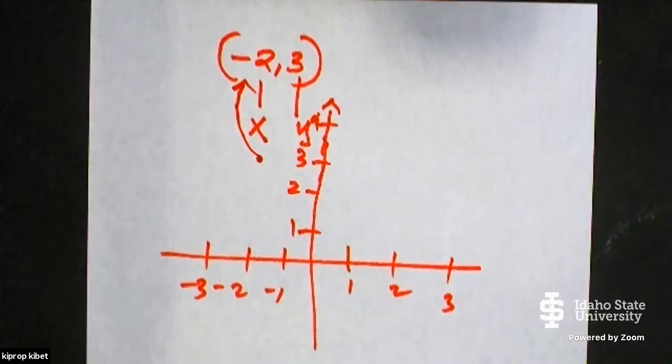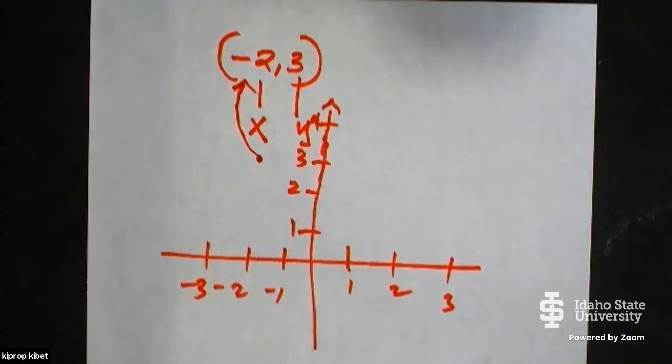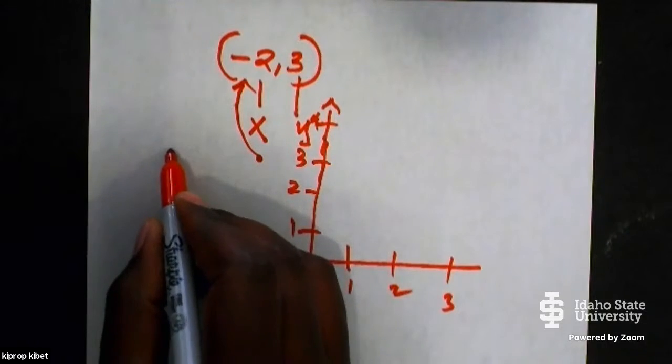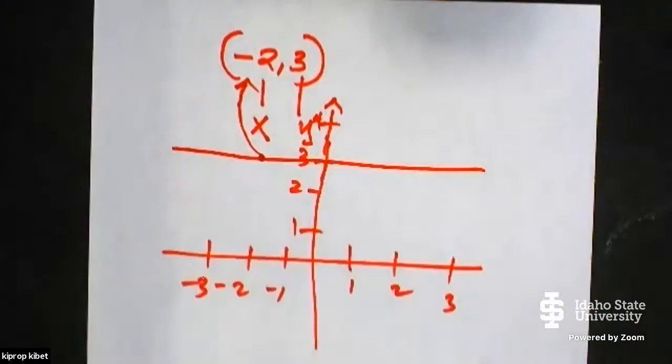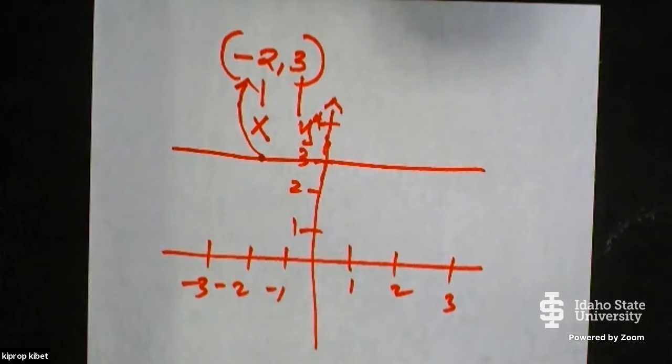Now it says, write the equation of the horizontal line. You should know what is a horizontal line, what is a vertical line. So our horizontal line is that one. So what is the equation of the horizontal line?